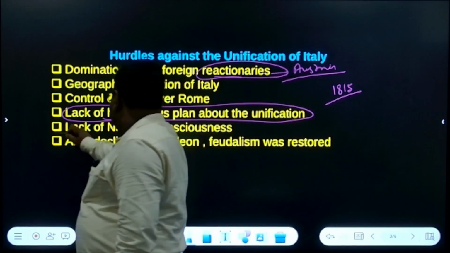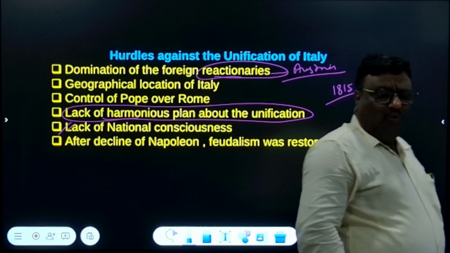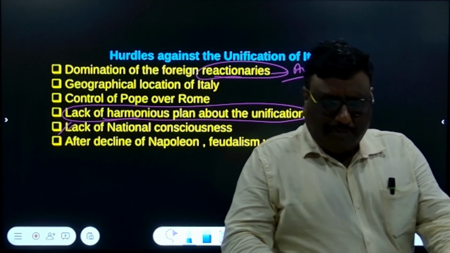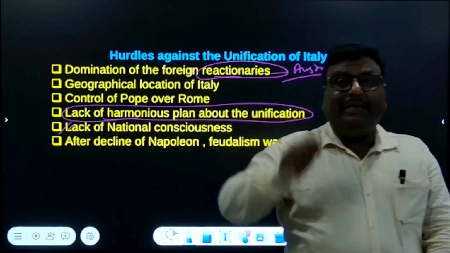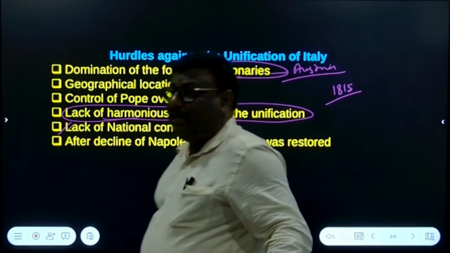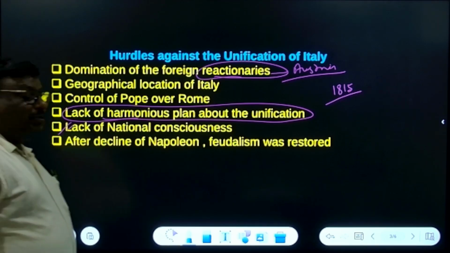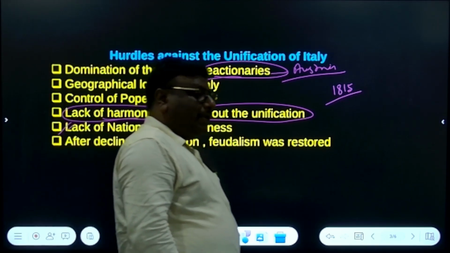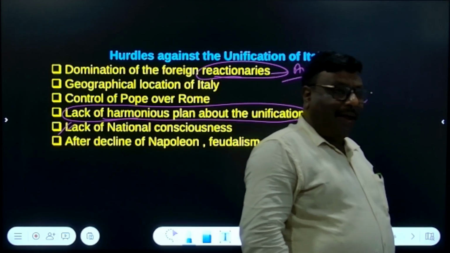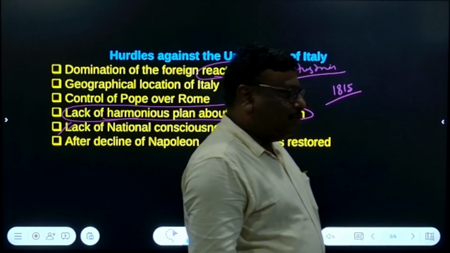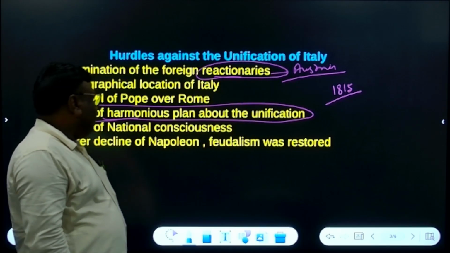And lack of national consciousness. Initially, there was no national consciousness in Italy. But since Italy was the place where the Renaissance evolved, the birthplace of the Renaissance during the 13th-14th century, and Italy was the place of the great Roman Empire, therefore the glorified ancient culture also pushed for the unification of Italy.